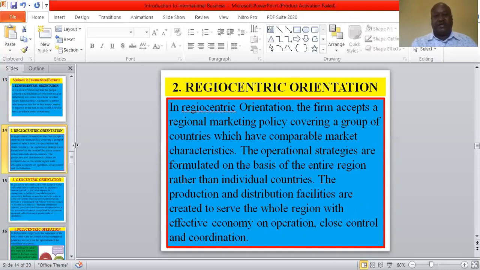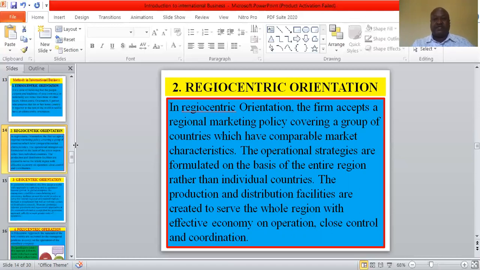In regional centric orientation, the firm accepts a regional market policy covering a group of countries which have comparable market characteristics. The operational strategies are formulated on the basis of the entire region rather than individual countries. The entire region is considered.